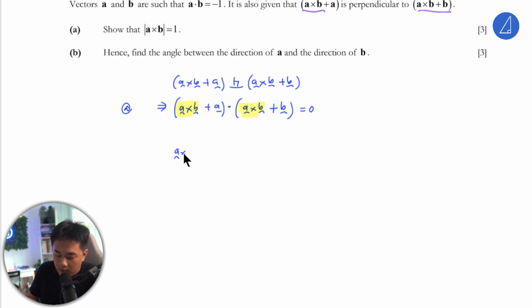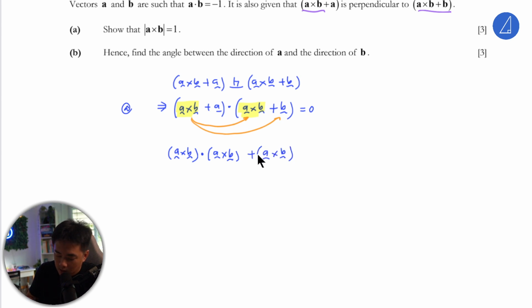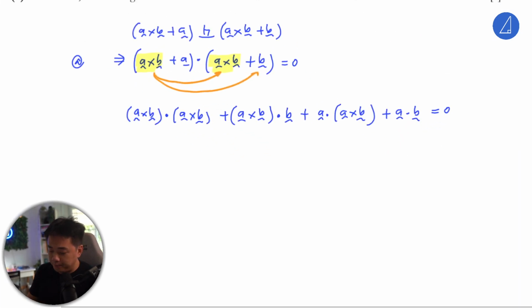This will be A cross B dot with A cross B. Then similarly, this will be A cross B dot with B plus A dot A cross B, plus A dot B equals 0. Great.